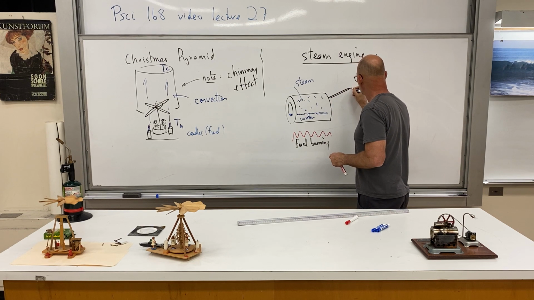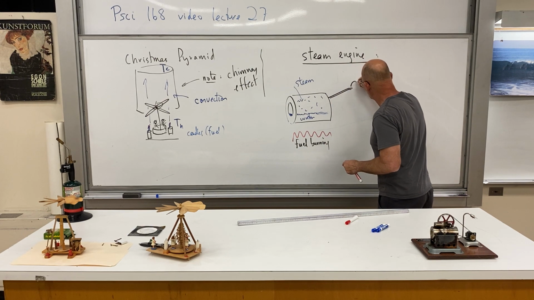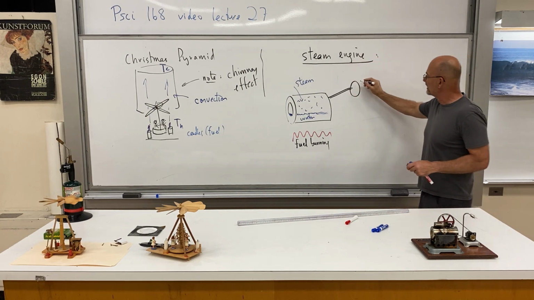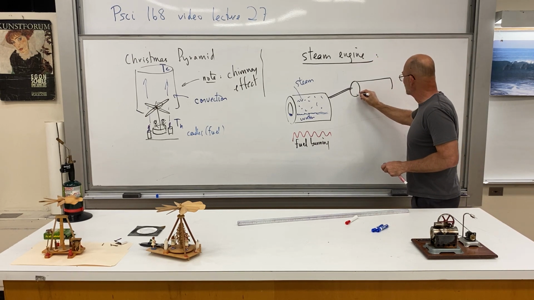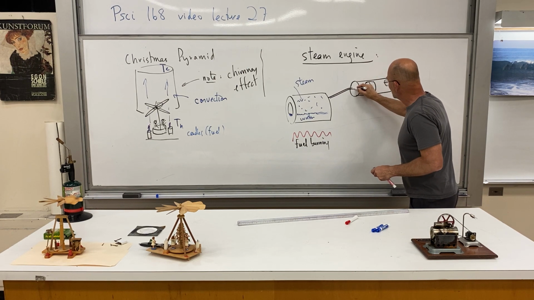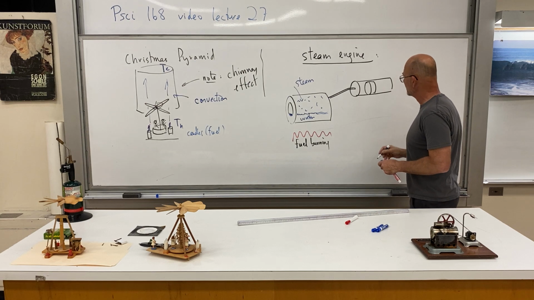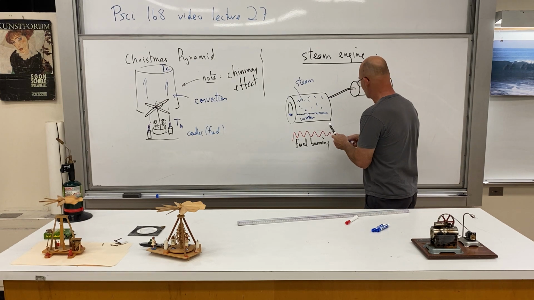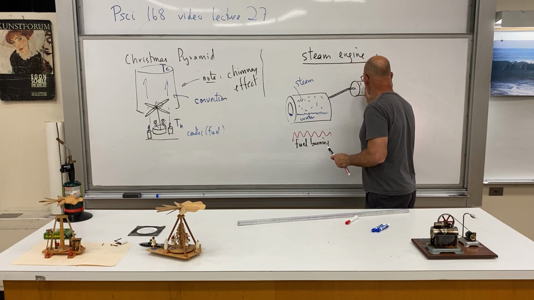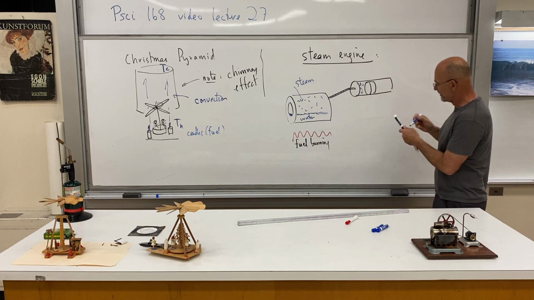Takes the steam to a cylinder. I'll exaggerate the size of the cylinder with the piston inside. All right, this goes to there, carrying some steam right inside here, transparent.